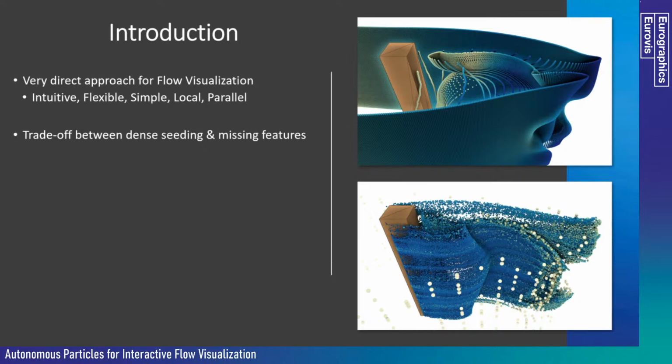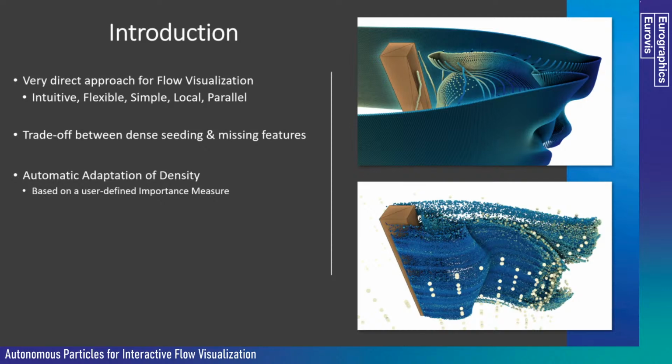With this, we can basically formulate a wish list for our ideal particle system. Our ideal particle system should automatically adapt its density to the underlying flow field, basically highlighting features of interest and reducing density in areas of laminar flow. This automatic adaptation of density should be based on a user-defined criterion, like an importance measure.